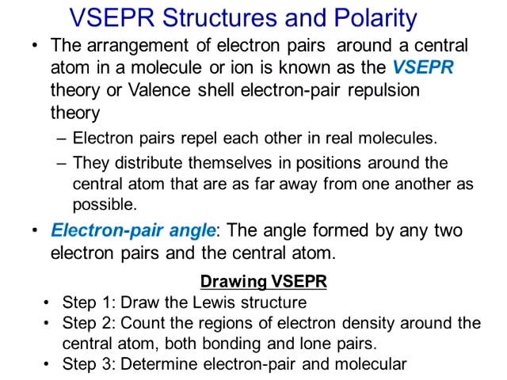So, how does it do it? Electron pairs repel each other in real molecules. That's what happens. Okay? So electrons, they repel. They're constantly pushing against each other. They also distribute themselves in positions around the central atom that are as far away from one another as possible.